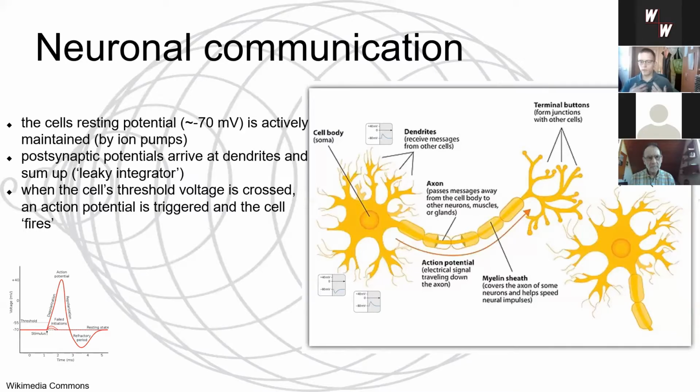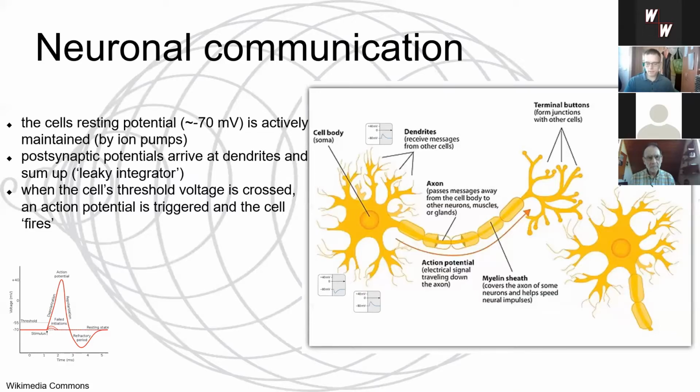Firing for a neuron usually means it triggers an action potential. The potential overshoots zero, it becomes positive, and this action potential travels along the axon. This is the long arm of the neuron on the right. It arrives at the terminal buttons, and there it releases a neurotransmitter and sends a signal to the next downstream neuron.